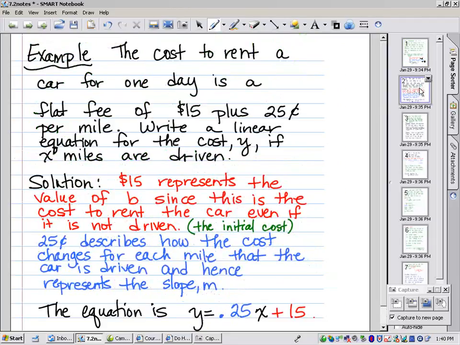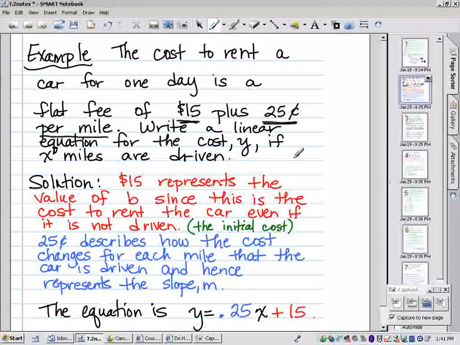So let's look at an example. Let's suppose that the cost to rent a car for one day is a flat fee of $15 plus 25 cents per mile. Write a linear equation for the cost y if x miles are driven. So from the problem, we're asking ourselves, what is the initial value and what describes how that cost changes?